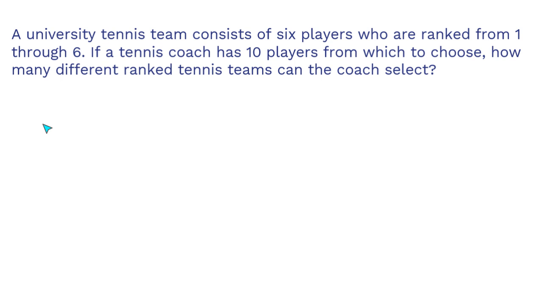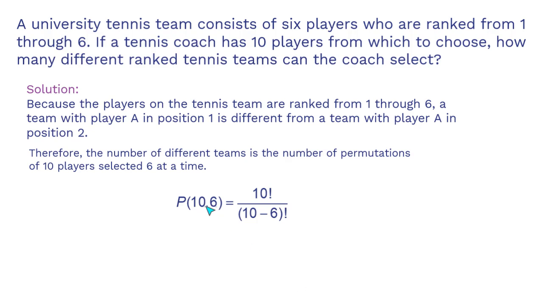You want to ask yourself, in this problem, is order important? Since it says that it's a ranked tennis team, being ranked number 1 versus ranked number 4 is going to be important, right? So the order of the position is important.